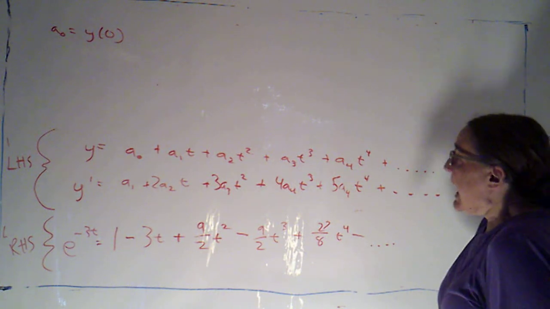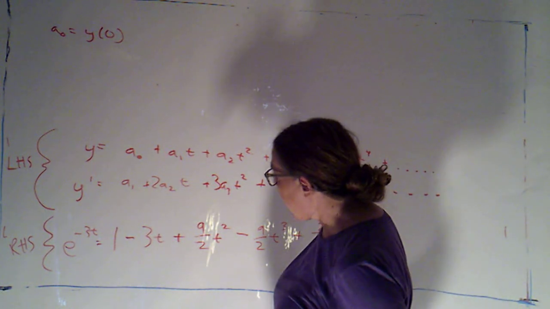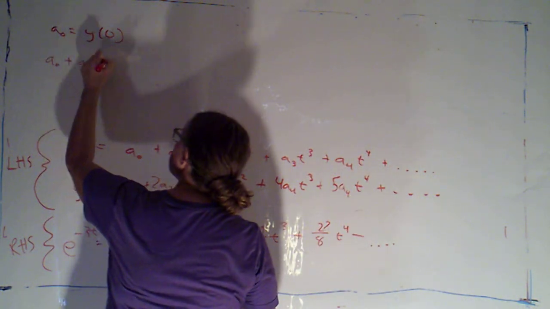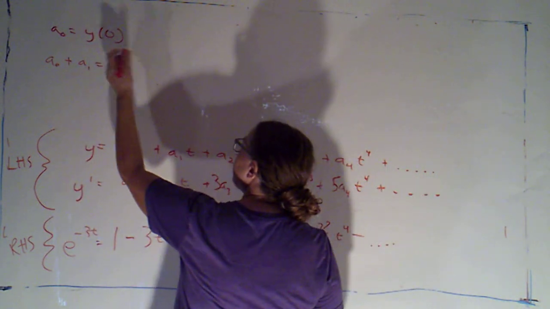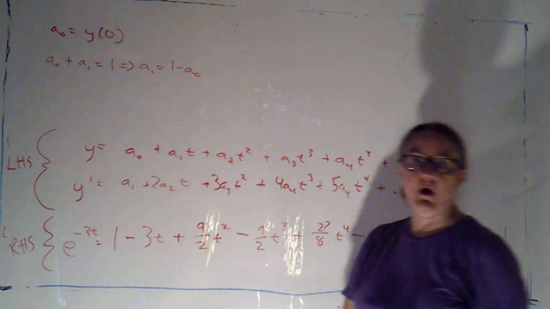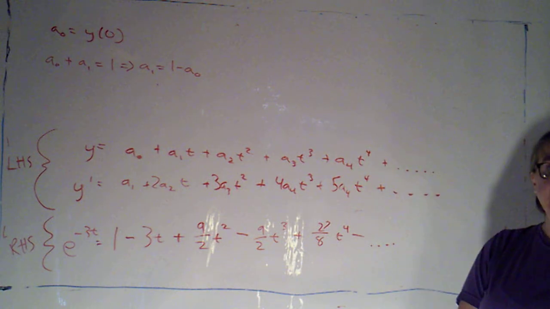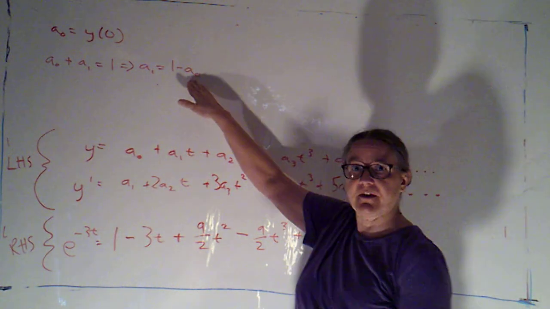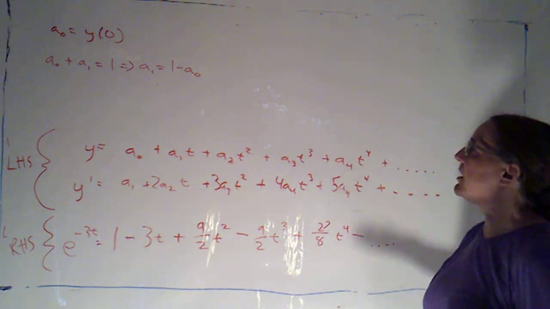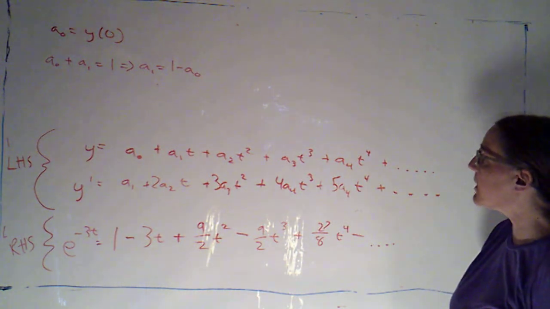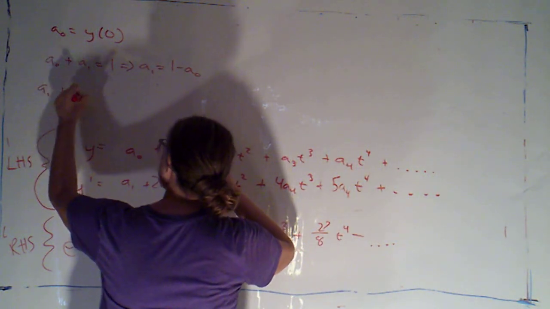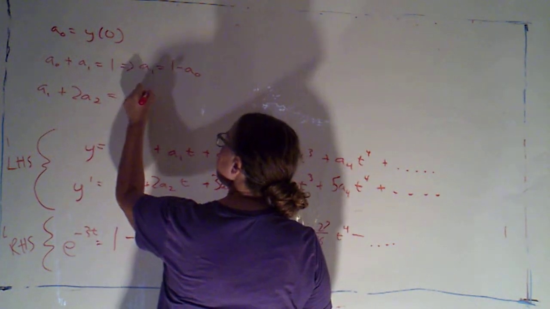Okay, excellent. So if I look at the constant term here, I get that A naught plus A1 is equal to 1. Well, that allows me to solve for A1. A1 is going to be 1 minus A naught. So I can describe it in terms of that initial condition. Now, if I had a specific number for this, I'd plug in that specific number. Here, I'm solving the family of differential equations, not just a single initial value problem. Now, if I look at the t's, I'm going to have A1 plus 2A2 is equal to negative 3.